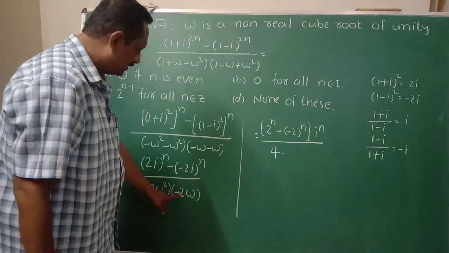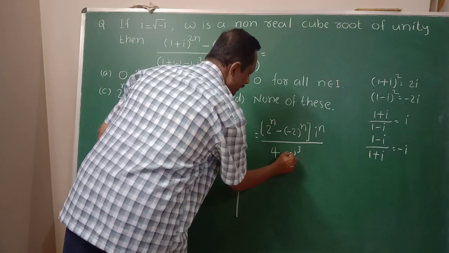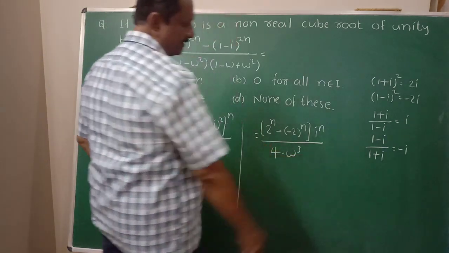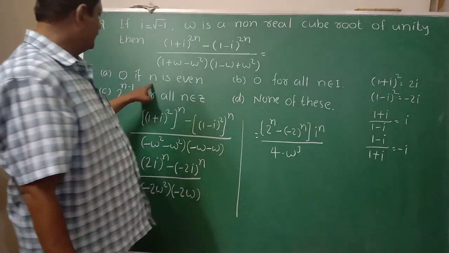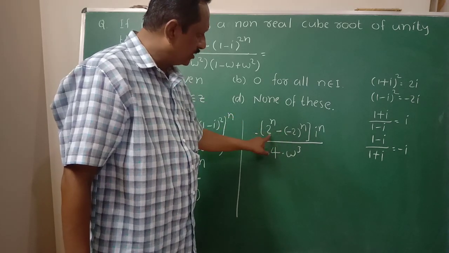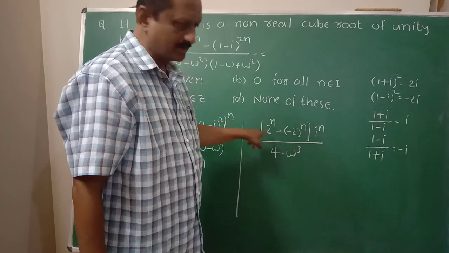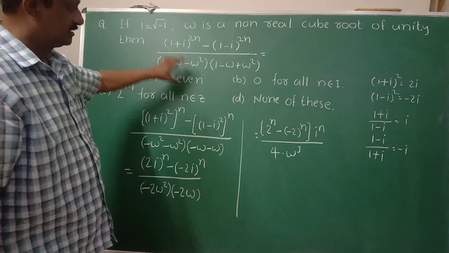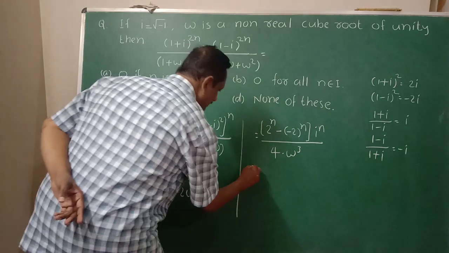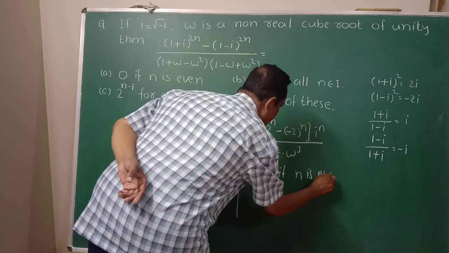And omega square into omega is omega cube, then omega cube becomes 1. Suppose n is an even number, if n is even, then this becomes a plus here. 2 raised to n minus 2 raised to n, complete this numerator term becomes 0. Hence this is equal to 0 if n is an even number.